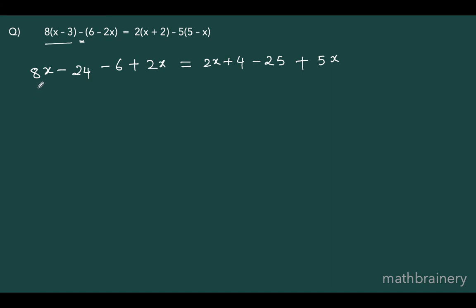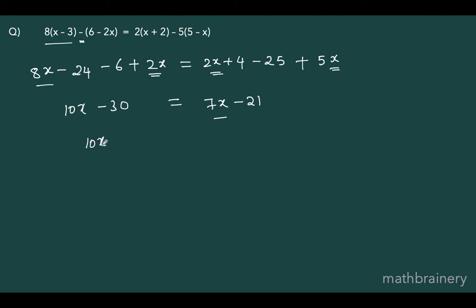Alright, let's simplify this now. 8x and 2x will be 10x. Minus 24 minus 6 will be minus 30. This is equal to 2x plus 5x is 7x plus 4 minus 25 is minus 21. Let's now transpose this 7x to LHS and minus 30 to RHS.